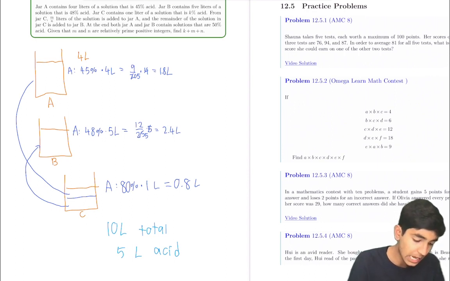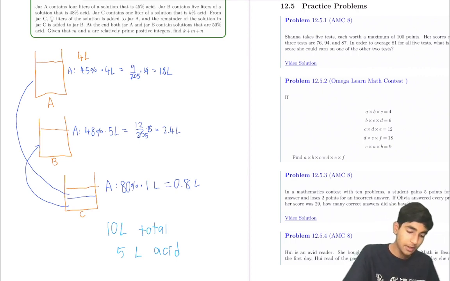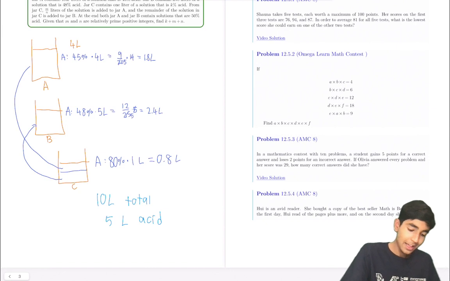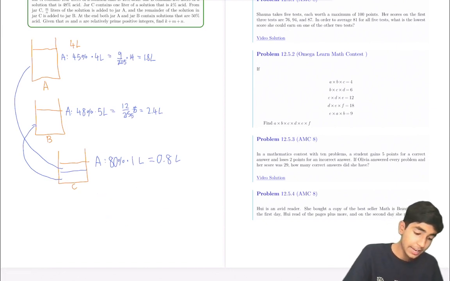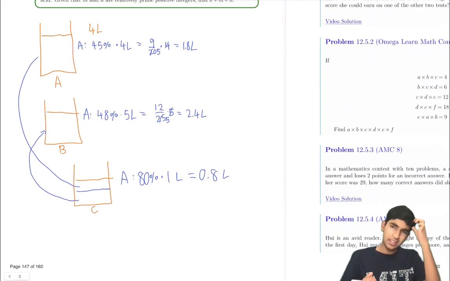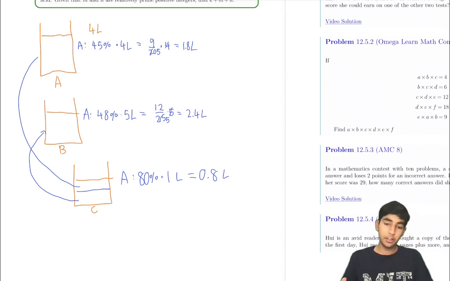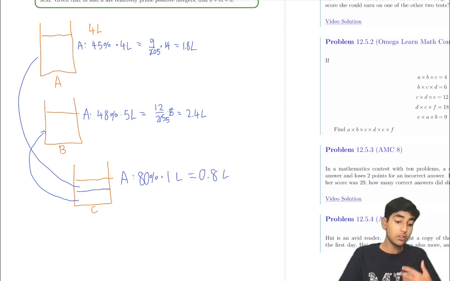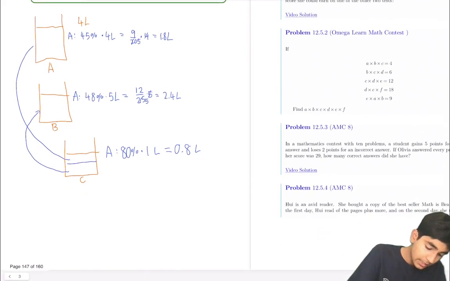We still have to find out how many liters of the solution we have to add to jar A to make it 50%. And to do this, this is just an equation to form. So let's say we're adding the fraction, let's say X, just to make it easier. So let's say we add X, where X is a fraction of the solution C, to A. So A originally is 1.8 liters of acid and 4 liters of total liquid.